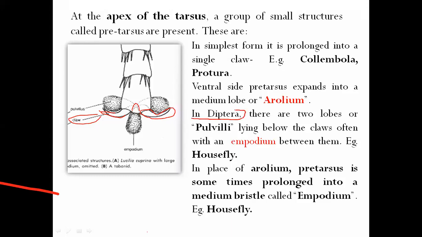In the case of Diptera, for example the housefly, in between the arolium there are 2 lobes, and these 2 lobes are called pulvilli, lying below the claws. Besides the pulvilli, a median bristle, the empodium, is also present.